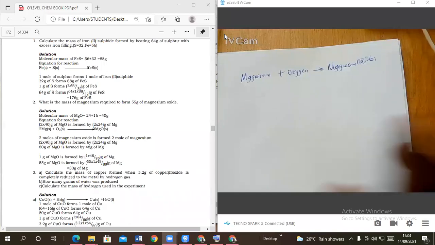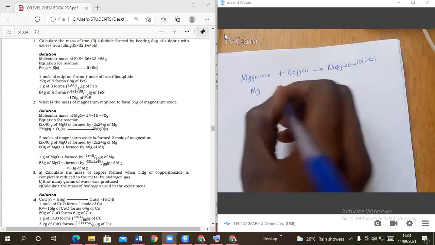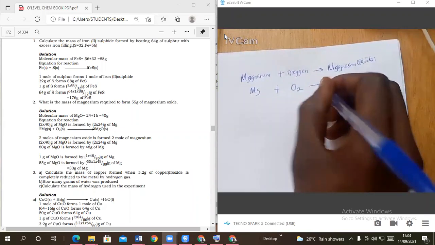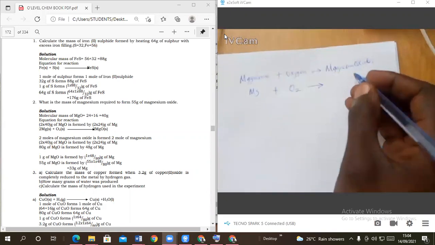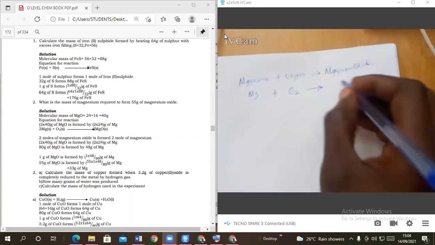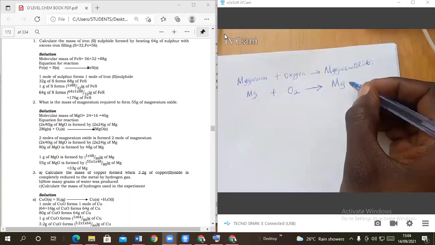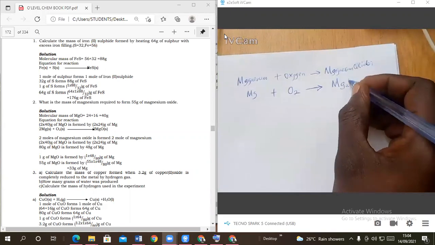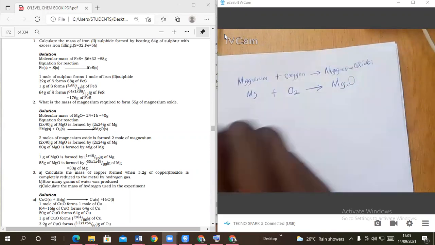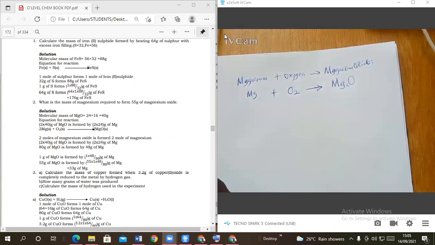Mg plus O2 equals Mg2O2. Yes. Like that. Now, the problem is equations.